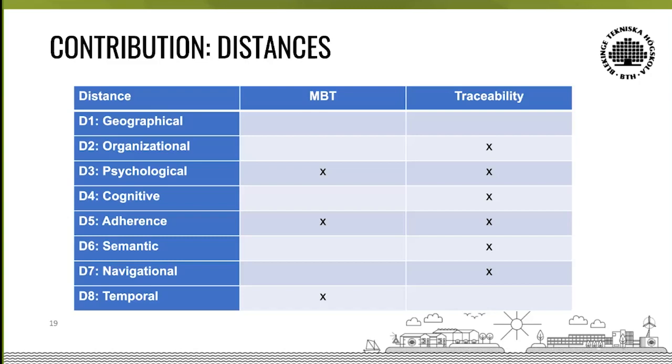As for the navigational distance, the length of the path between artifacts and how I can get from one artifact to another, which is the actual traceability here, can also be reduced using traceability as it just connects both artifacts. Then it's easier to go to this classification system and find the other relevant artifacts. This can also be automated by retrieving these trace links after registering.